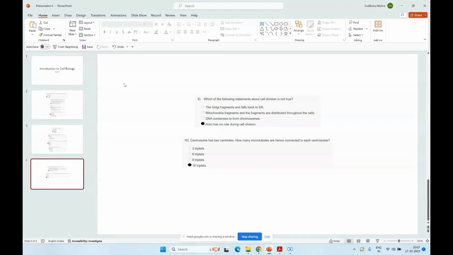There would be nine triplets that form the cylindrical structure, right? Because there are two such centrioles and nine such triplets, it would become 18 triplets. Did that make sense? Yes, ma'am. I get it clarified.